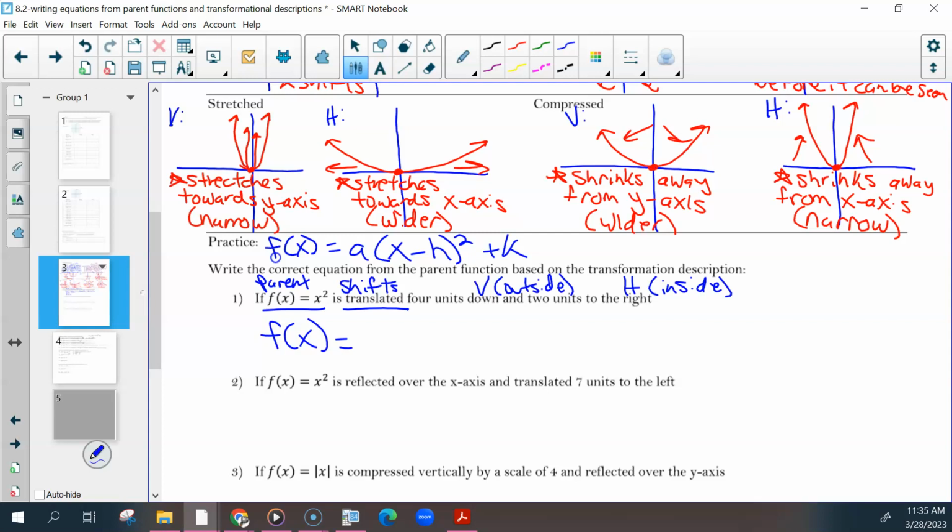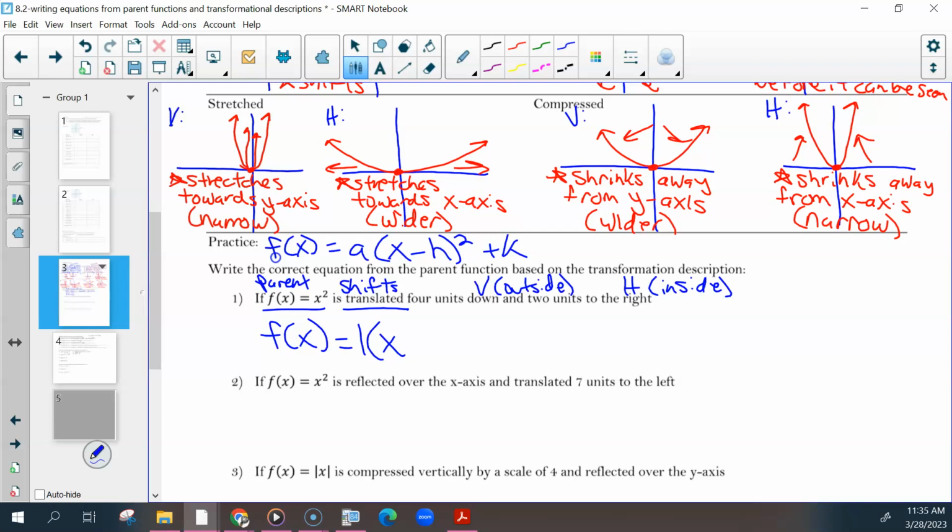Do you see those words somewhere? No. That means we don't have an a, or our a does not change. You can leave it as 1, you can put the 1 or don't, it does not matter. The x in this will always stay the same.